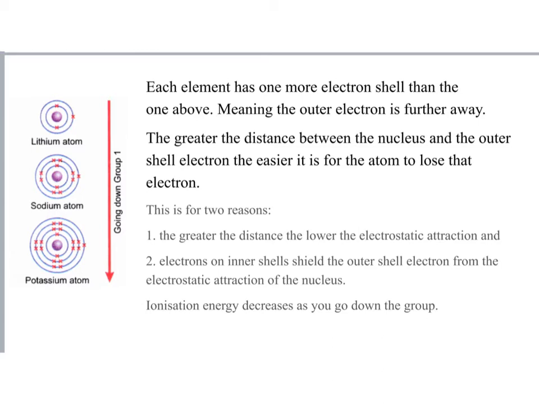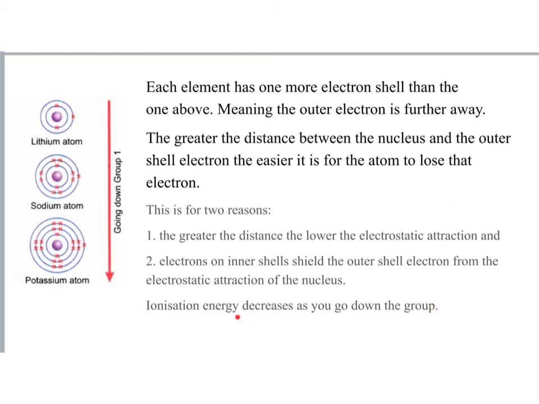But more than that, because these things are very small, the electrons on these inner shells will shield this outer shell electron from the force of attraction from the nucleus. So the more electrons we have between the nucleus and the outer shell, the less strongly that outer shell electron is attracted. And what we will say, the scientific way of describing all of this, is that ionization energy decreases as you go down the group.